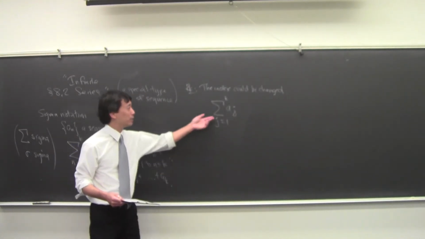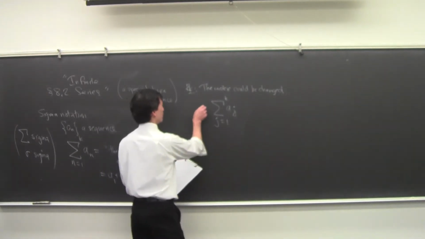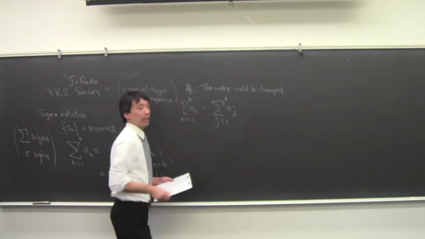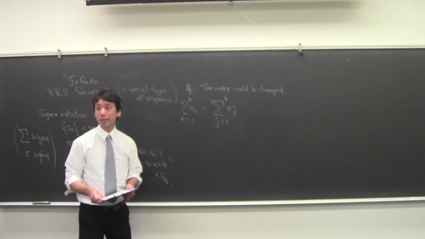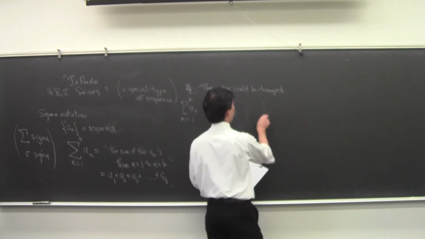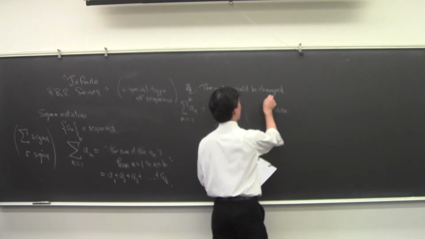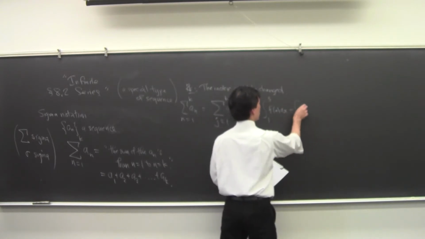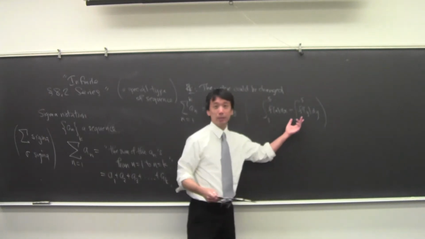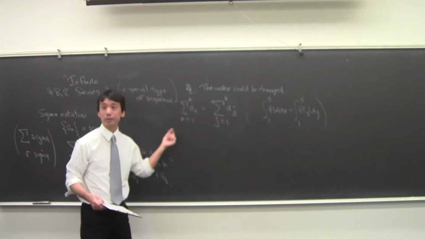The sum of the a sub j's from j equals 1 to k is the same thing as the sum of the a sub n's from n equals 1 to k. It's just like when you're integrating. If I integrate f of x from x equals 1 to 5, I can change the variable and it's exactly the same thing. So this is just your dummy variable, your dummy index.